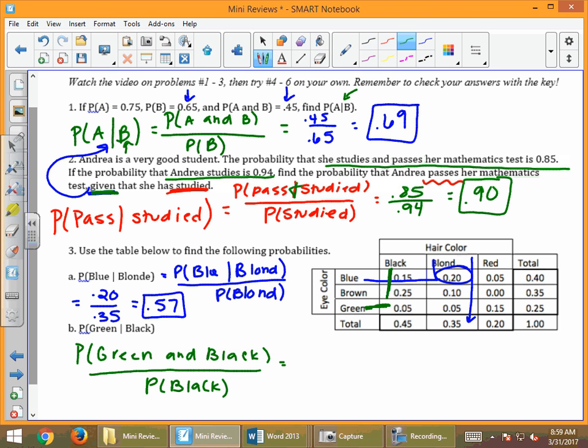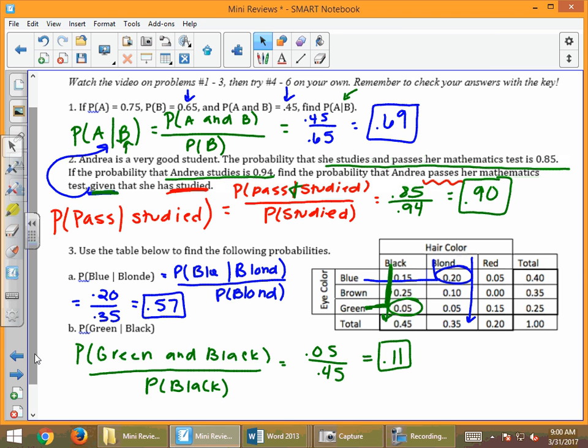Here's black. It intersects at 0.05, so that's going to go on the top. And the probability of the bottom, so just go all the way down to the total for black, and that's 0.45. Divide those in your calculator, and you get 0.11. So that means there's an 11% chance that if you have black hair, you're also going to have green eyes.